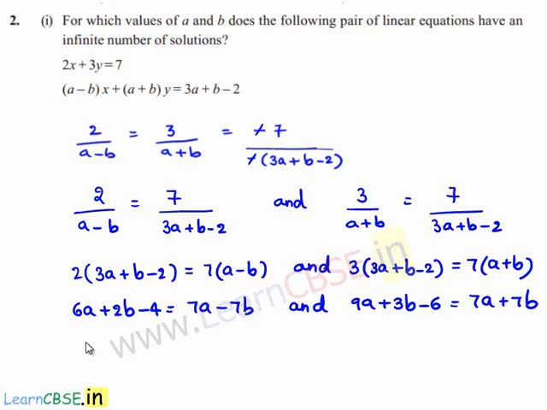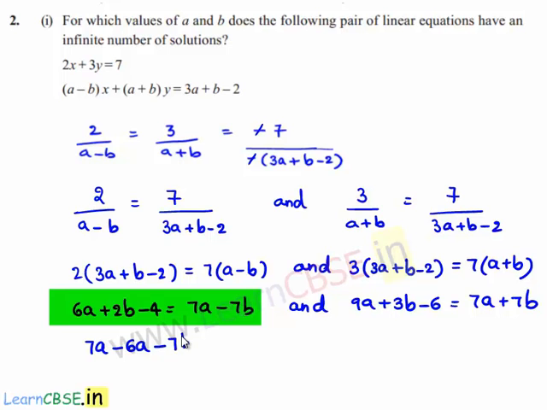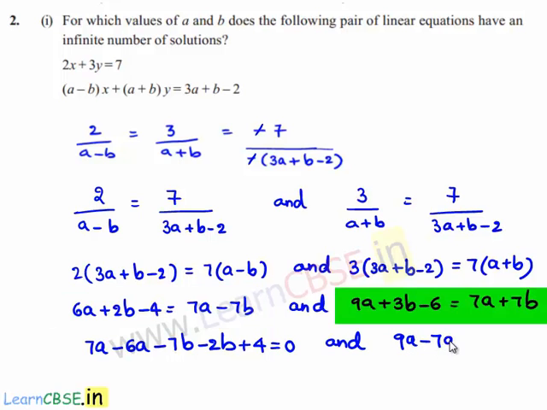So we can write this as 7a minus 6a minus 7b minus 2b plus 4 is equal to 0, and 9a minus 7a plus 3b minus 7b minus 6 is equal to 0.